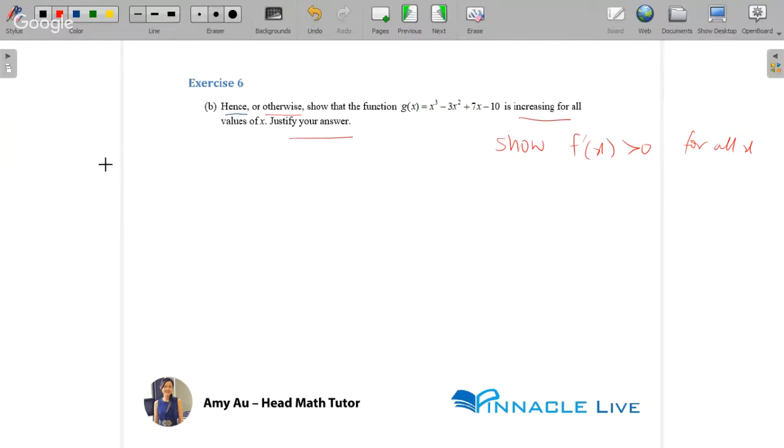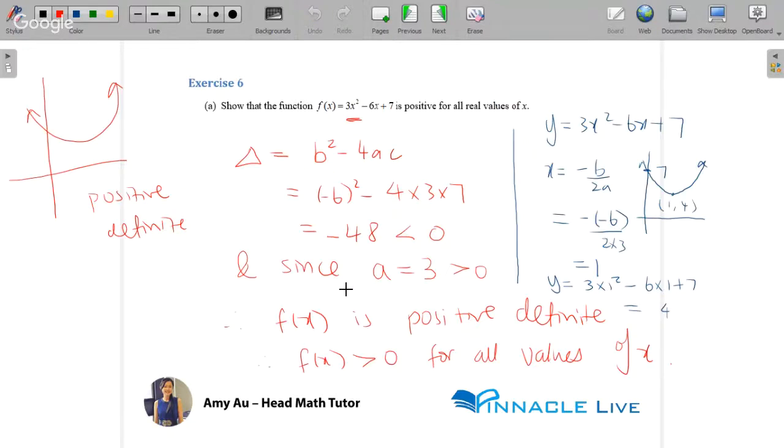So you need to look at the derivative. So g′(x) is equal to 3x² − 6x + 7. Now, you may have noticed this is exactly the same function as before, which we've already shown is always positive. And that's what you want to use.